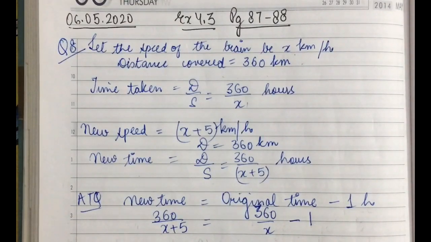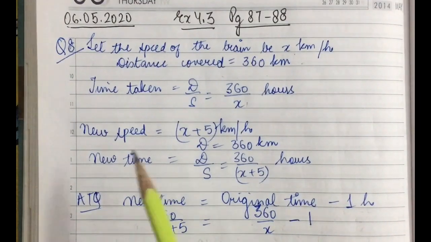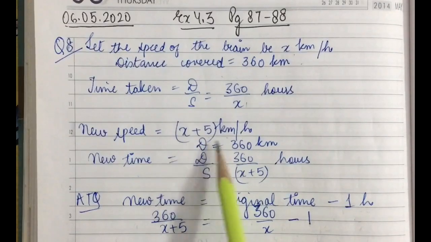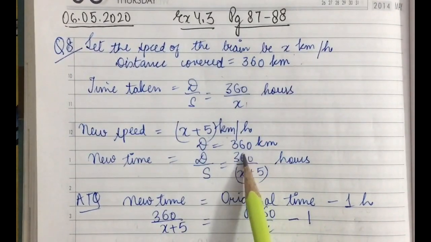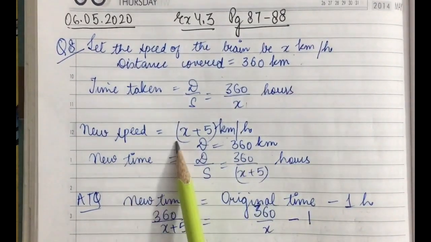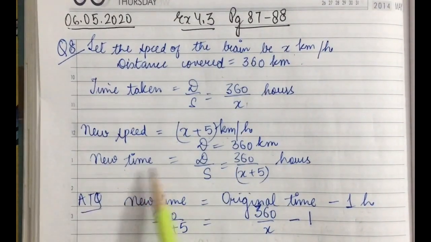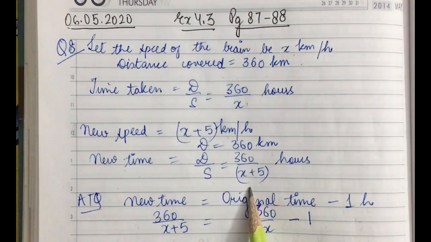Later they say that some change is made. The speed is increased, so the time will be reduced. The speed is increased by 5 kilometers per hour, so the new speed is x plus 5. The distance still is 360 kilometers. Using the new speed and the distance, we calculate the new time.